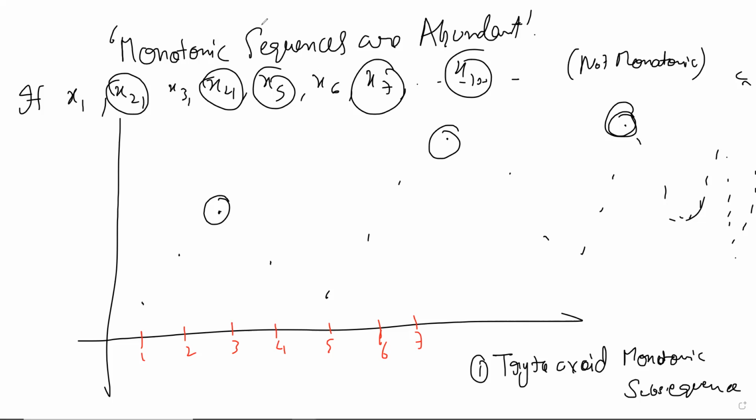Okay, so do people feel that you cannot really avoid getting an increasing subpart that is infinitely long, or a decreasing subpart? If you avoid an increasing subpart, then you'll end up with a decreasing subpart, a decreasing subsequence.